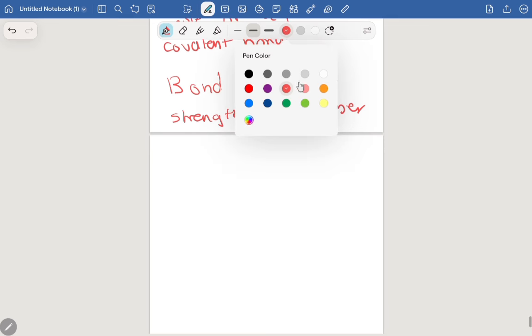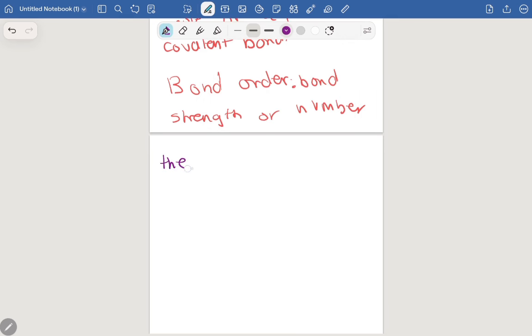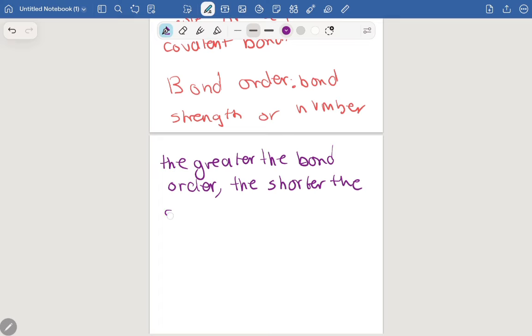Very simply, we can say the greater the bond order, the shorter the distance, or the bond length, which is better to say, and the greater the bond energy, the greater the energy needed to break this bond.